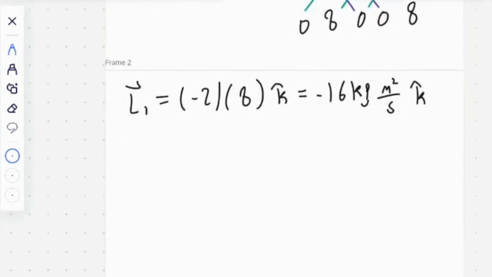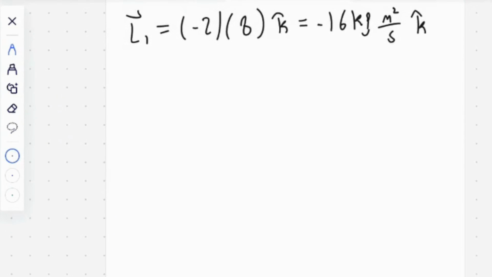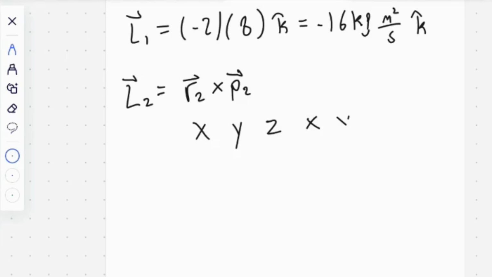Okay, so now that we've got that for the first one, we can go ahead and do the same thing for the second and third ones. So we're just going to be doing 2 more cross products here. And so for the position, we had 4 meters in the I-hat and 1 in the j-hat. And for the linear momentum of this one, we had 20 in the x.